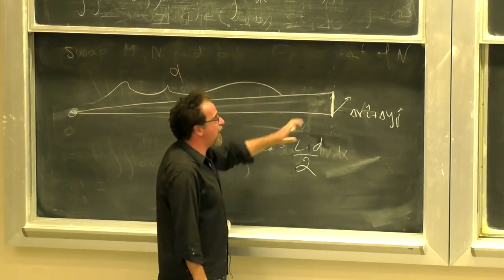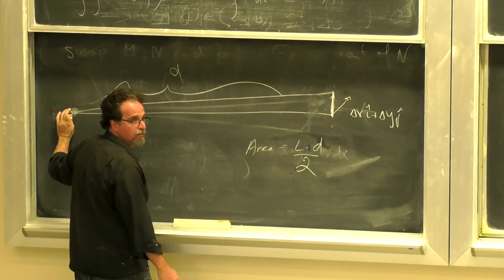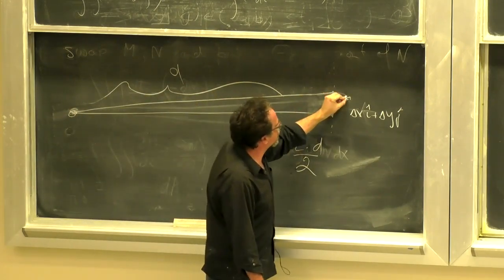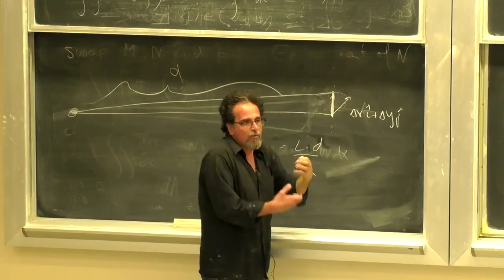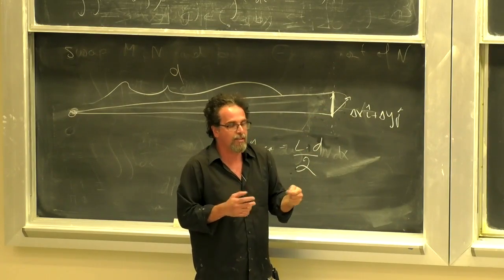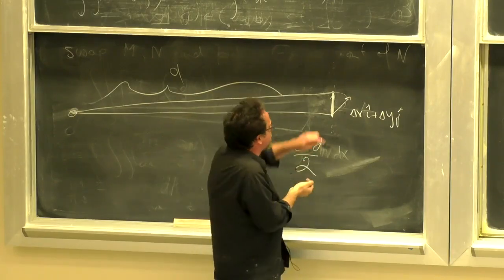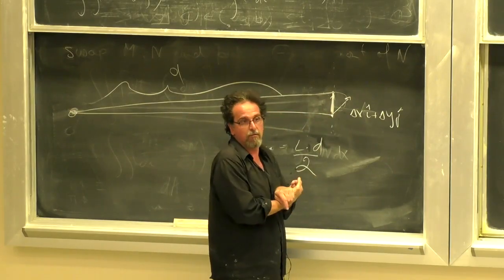The area of that patch of the domain is basically the area of this triangle. Of course, you're making a little bit of error, but we always make that error in calculus whenever we do integrals. It's the same error you make when you do Riemann sums. But in the limit of these things being very small, that error goes to 0.